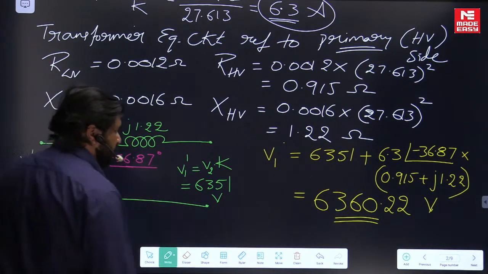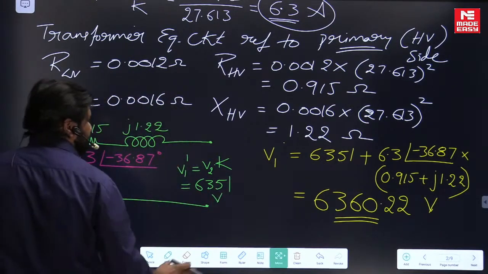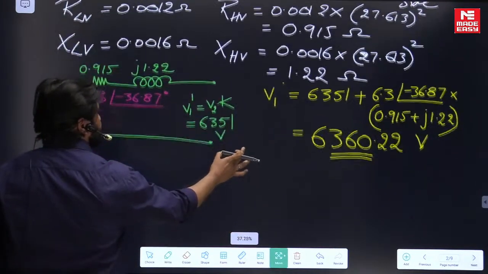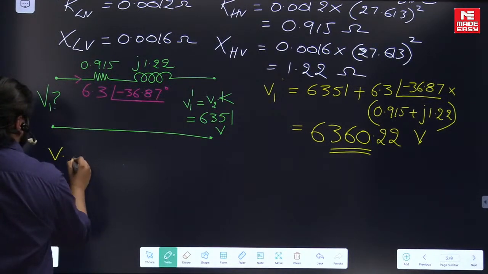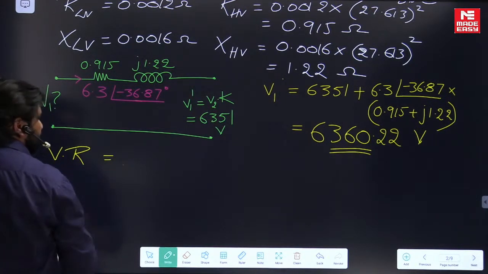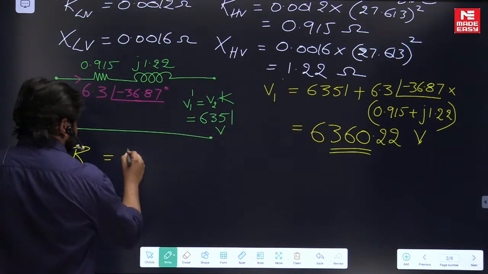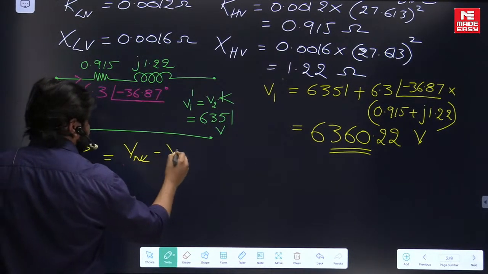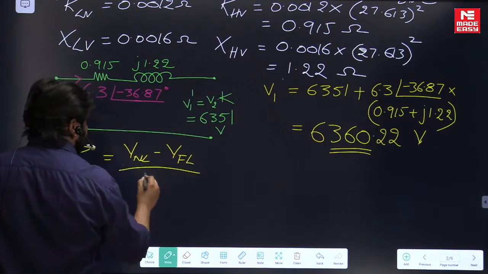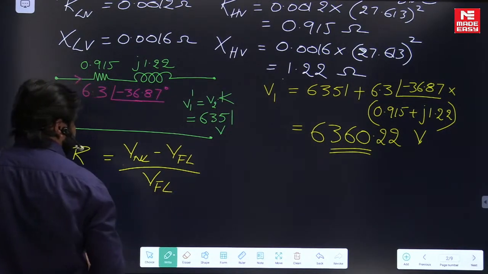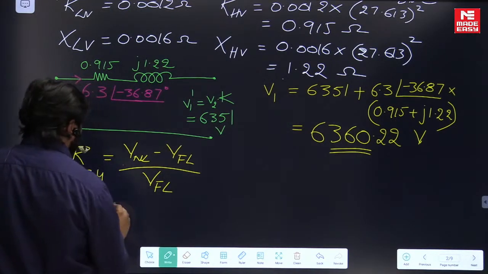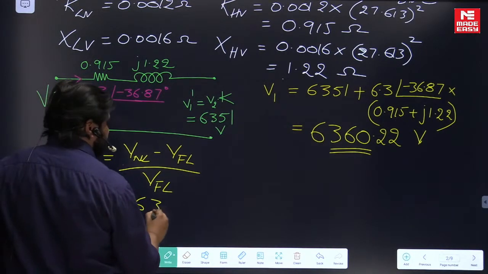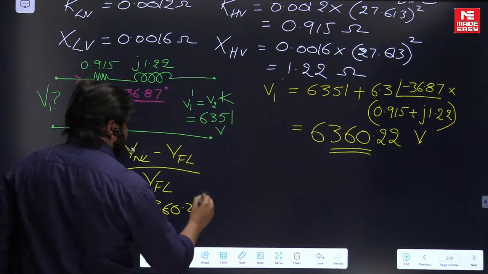Next, voltage regulation. In per unit, it is no load voltage minus full load voltage by full load voltage, in percentage into 100. That is 6360.22.